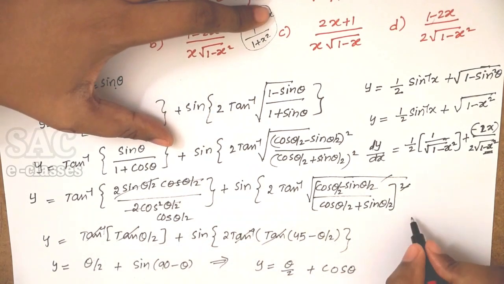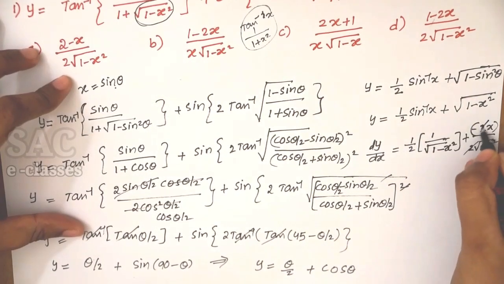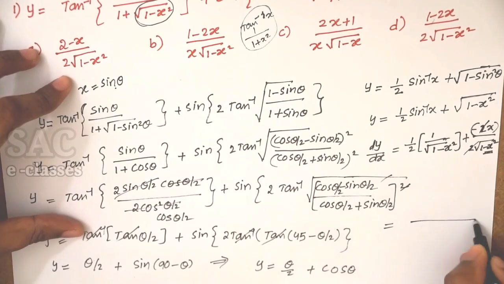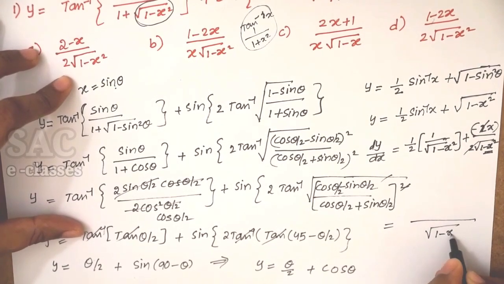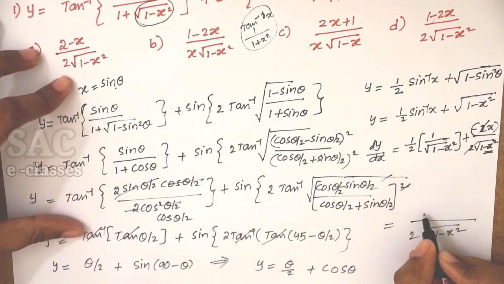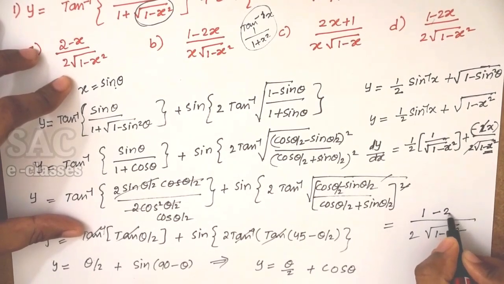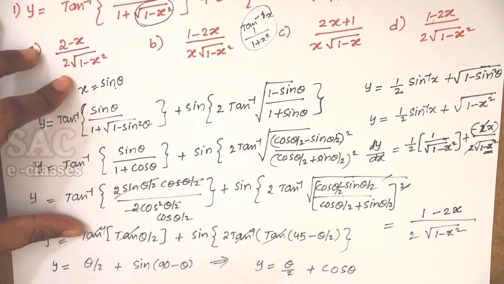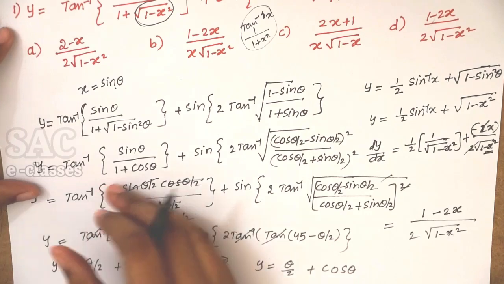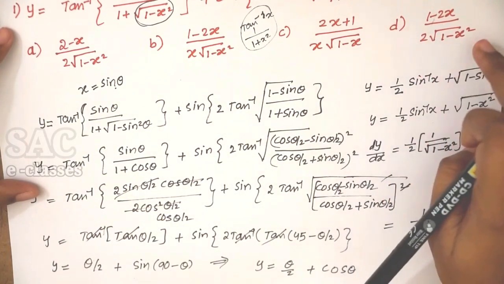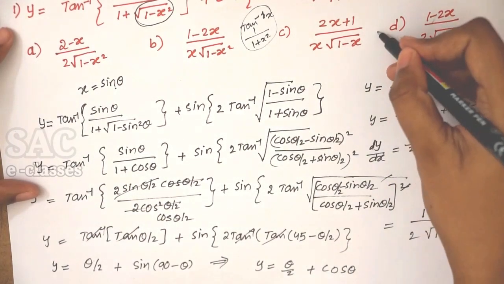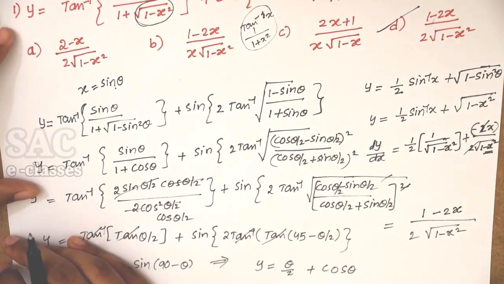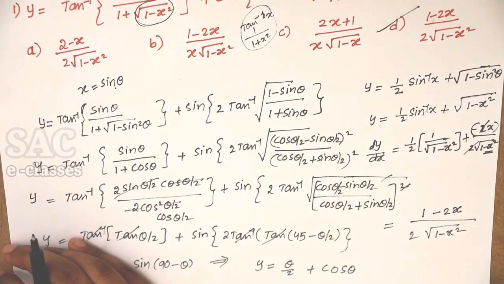So all together you will get 2 and 2 getting cancelled. Denominator is 1 minus x square with 2. So 1 minus 2x will be the simplified value. Now (1 minus 2x) by 2 into root over 1 minus x square will be the differentiation of the given function. Let us move to the next problem.